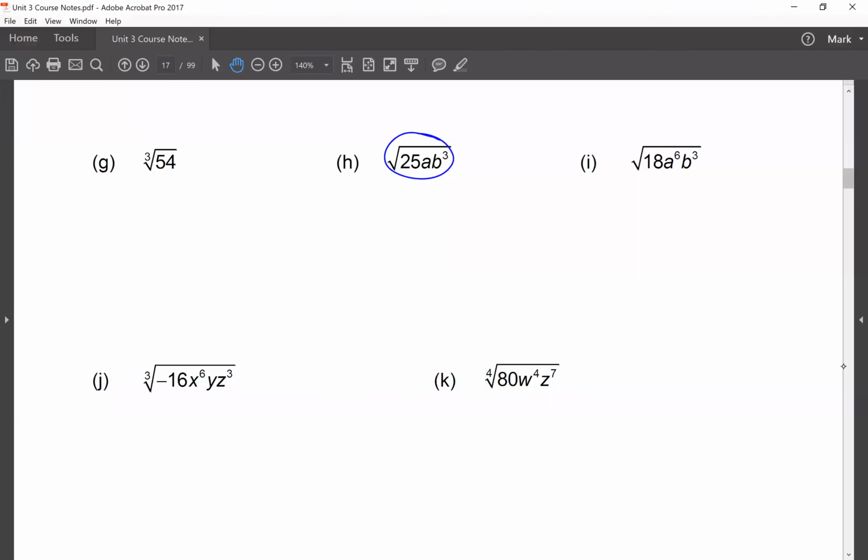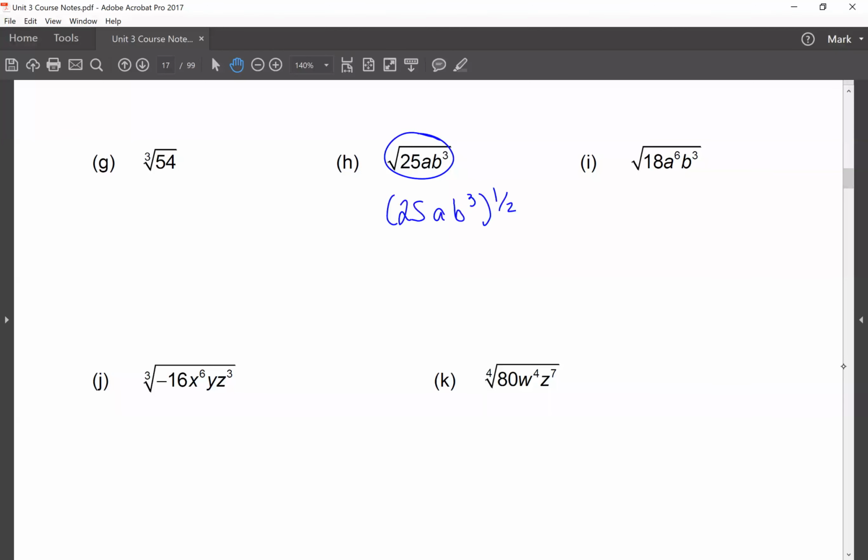The A and B, we need to do by hand. So it's really important to note that the square root means that this is 25AB cubed to the power of 1/2. That's what a square root means.